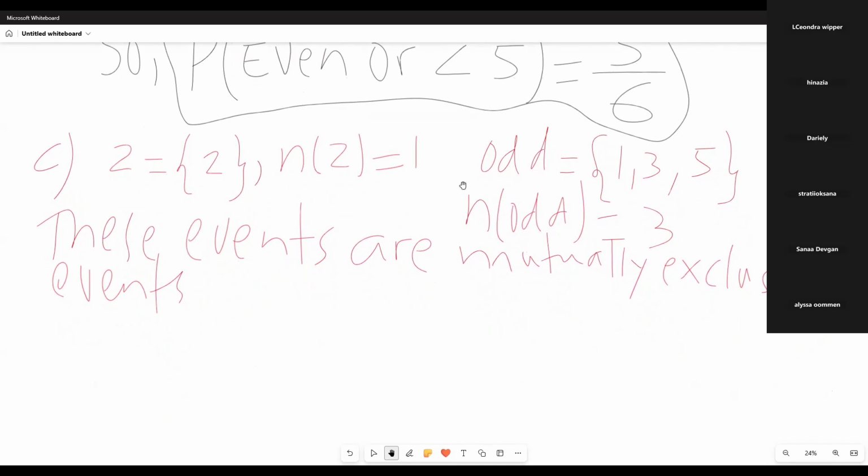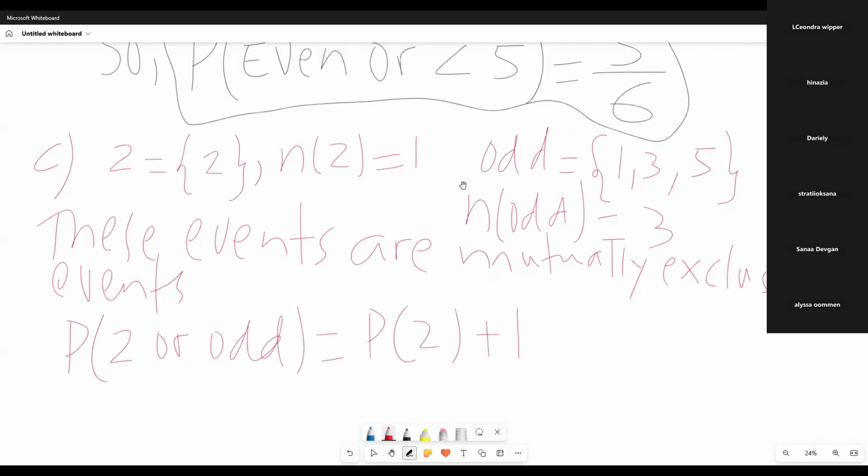So that will give you P of 2 or odd. It would be P of 2 plus P of odd. You do not need the minus P of 2 and odd because they have no outcomes in common.